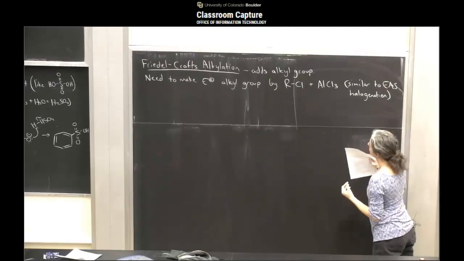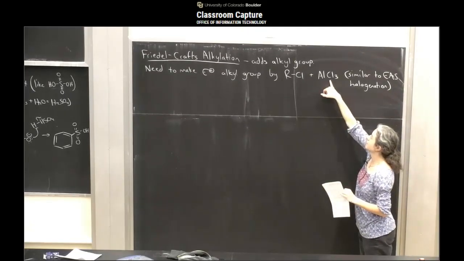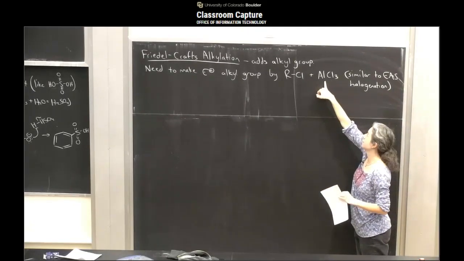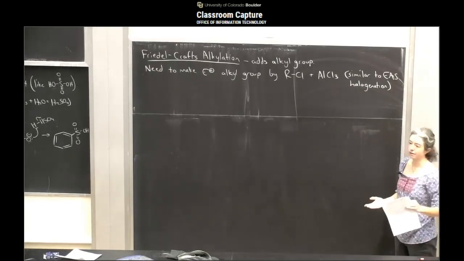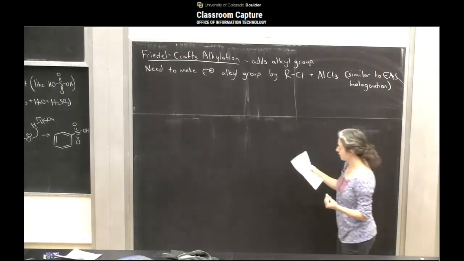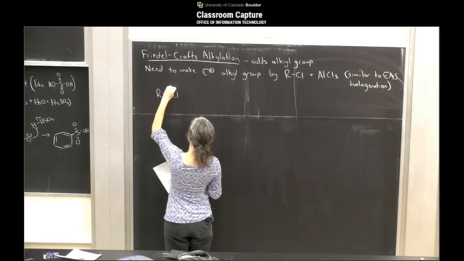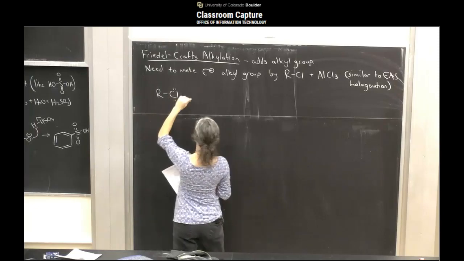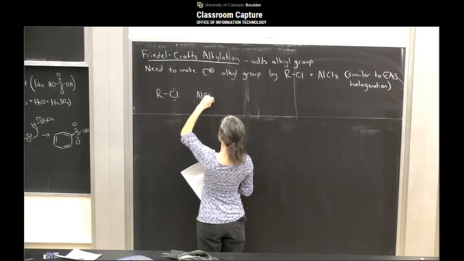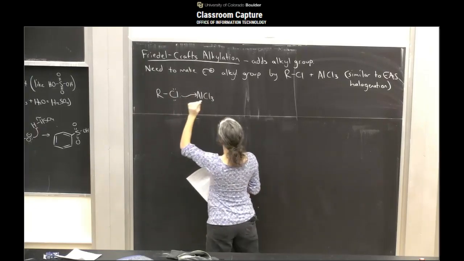Okay, so think of AlCl3 as a Lewis acid catalyst that's electron deficient, kind of like FeCl3 or FeBr3. We're going to get this reaction started by the halogen here going to attack the catalyst.